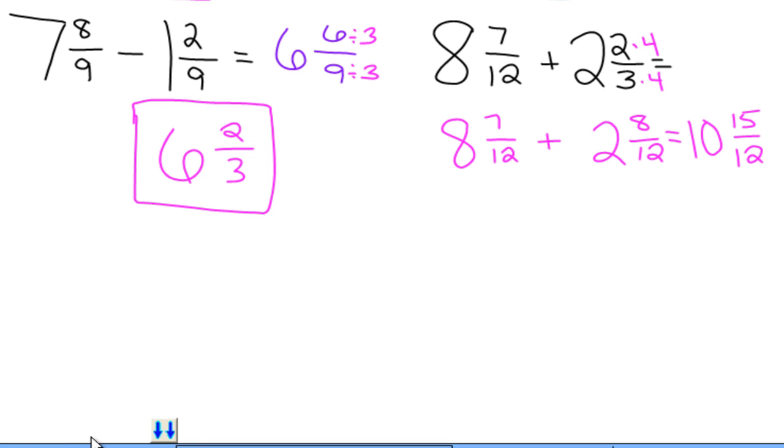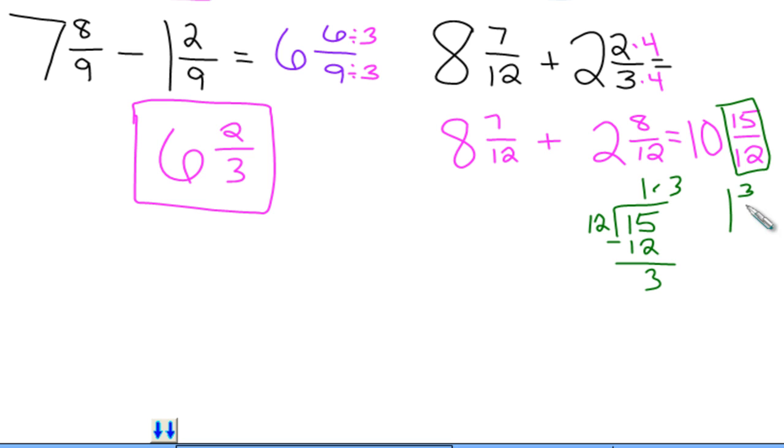15/12 is an improper fraction, so we need to change that to a mixed number. So we're going to do 15 in our box, 12 outside. 12 goes into 15 once. We multiply, we subtract, and we get a remainder of 3. So changing 15/12 to a mixed number, we get 1 3/12.